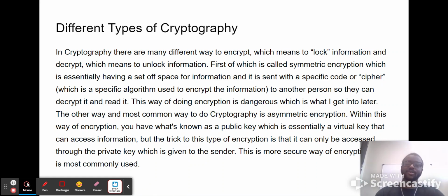So he is the only one that can unlock it. It doesn't matter if someone in the middle is trying to take it, they can't take the private key because it's secure. So asymmetric is much more common. It's way better than symmetric, right?